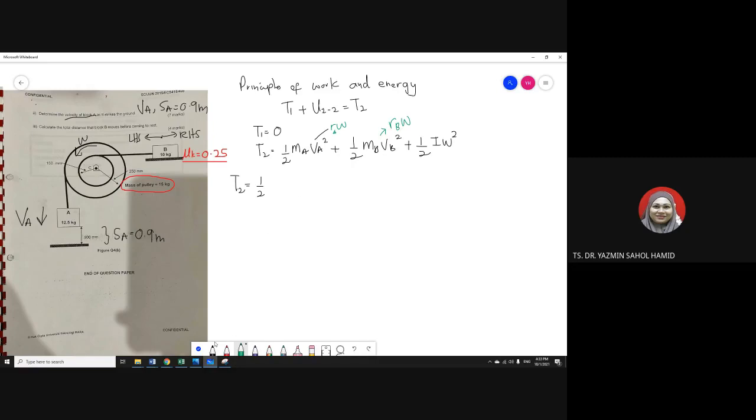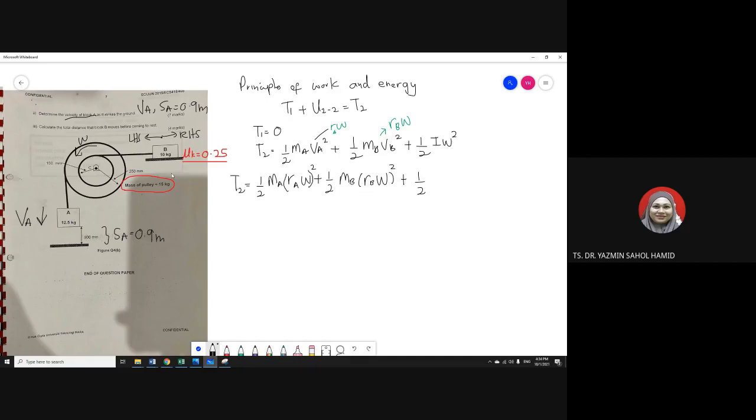So in the formula, it will be 1/2 multiplied by mass A multiplied by radius A multiplied by omega. Don't forget, you must put it in a bracket and square it. Okay, 1/2 mass of block B, and then RB omega, squared, plus 1/2 I. Okay, now how are we going to calculate I?